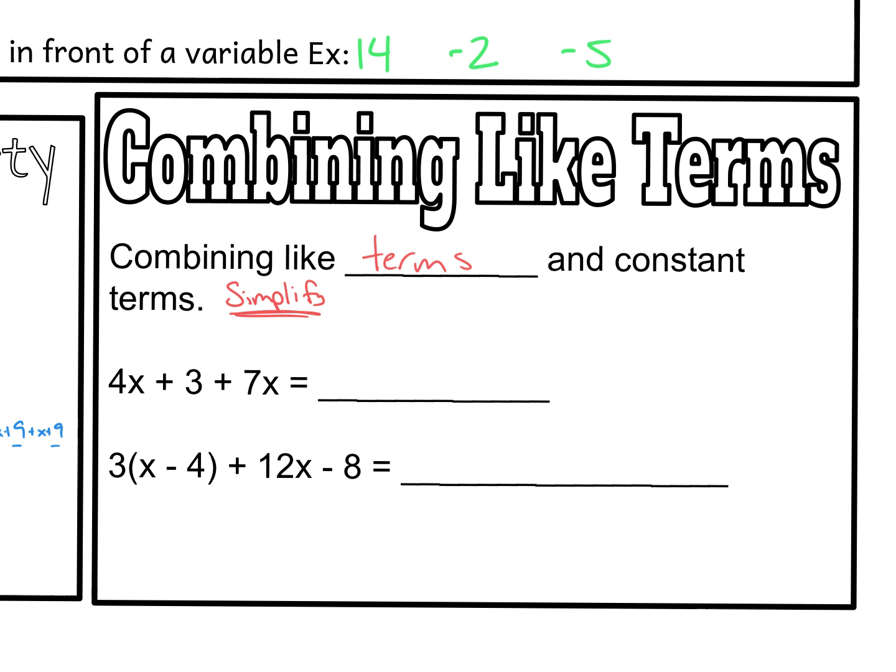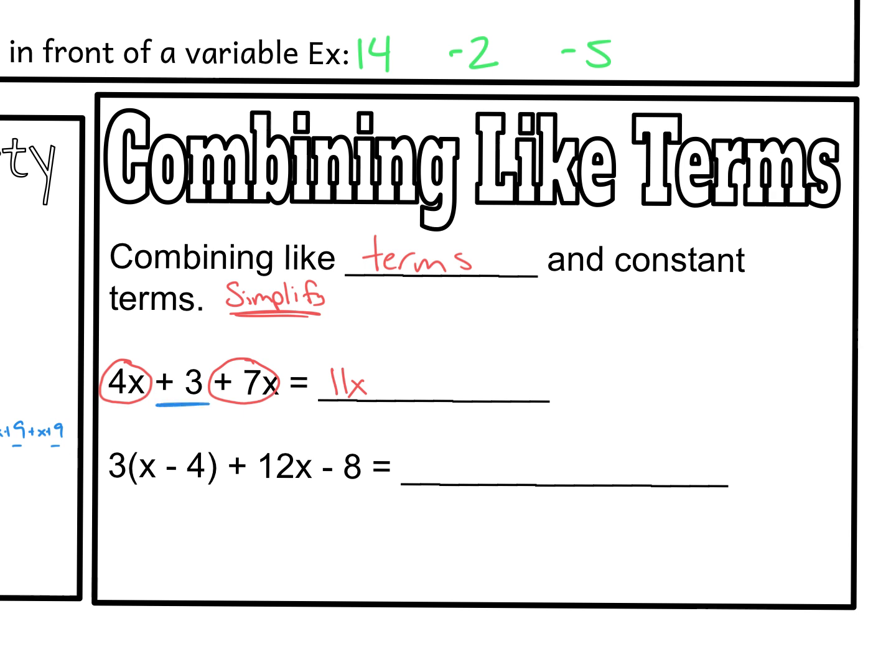So for example here, I see, and I'm going to use red, that I have 4x and a positive 7x. And we're always going to go in alphabetical order. In this case, we only have x. So if I have 4 x's plus 7 x's, I now have a total of 11 x's. And then we see this 3 all by itself.